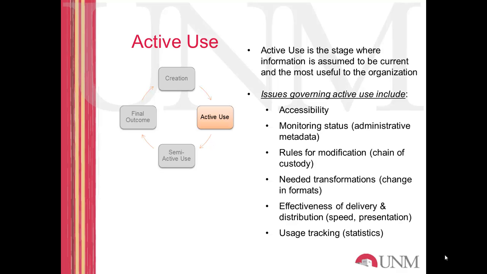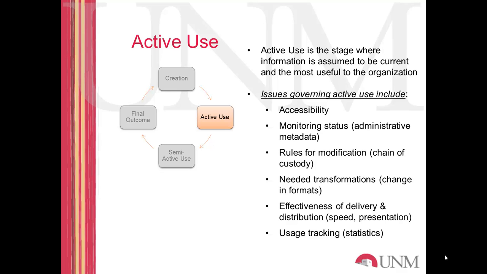We need to know what status it's at, what point in its formulative development it's in. We also need to have specific rules for modifying it. And we also need a protocol for determining who can have access to modify the information at what time. Sometimes that's called a chain of custody.